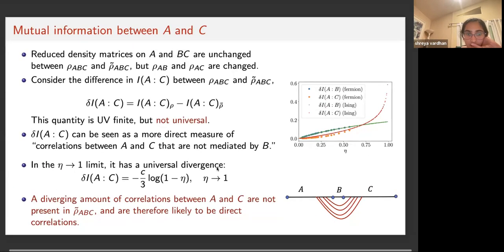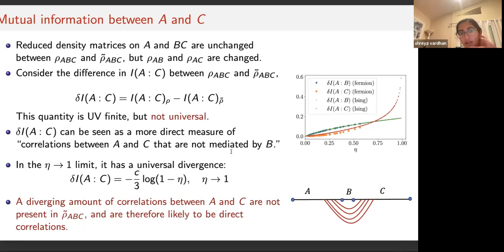But now we can again look at the OPE limits of this quantity. If we look at the eta going to 1 limit, then we see that the divergence that we saw in the distance measures, which were telling us that rho ABC was very different from rho tilde ABC, is also reflected in this difference in mutual informations.